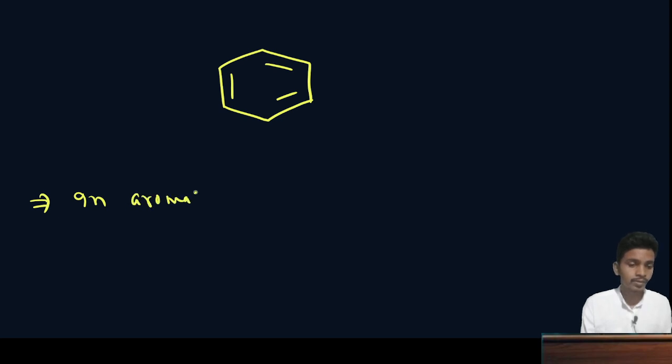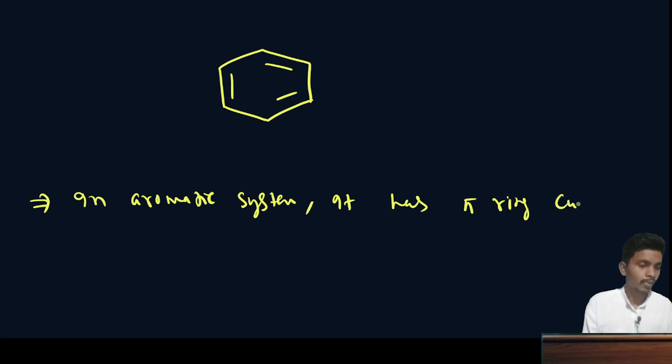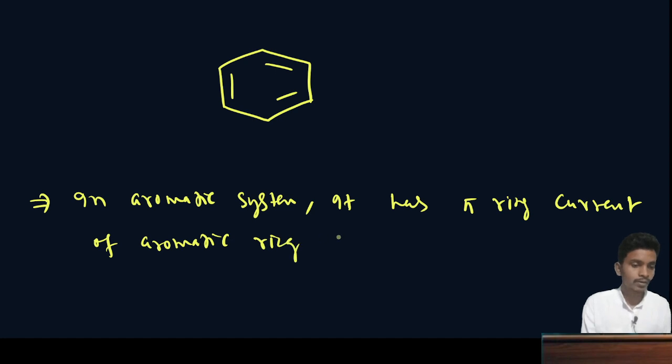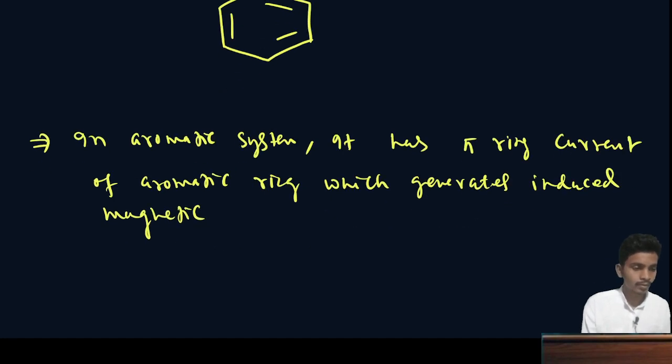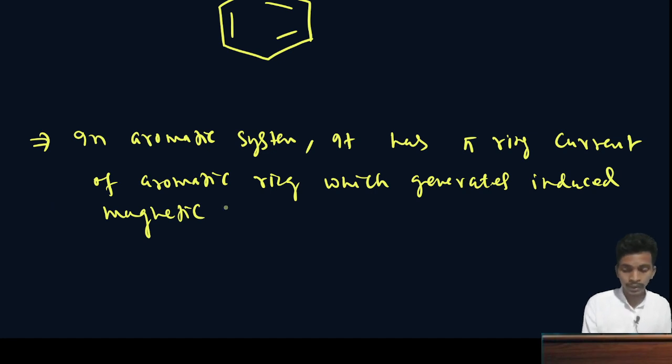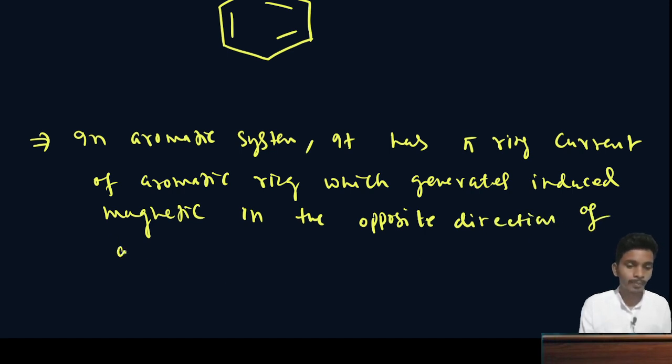In aromatic systems, the pi ring current of the aromatic ring generates an induced magnetic field in the direction opposite to the applied magnetic field.